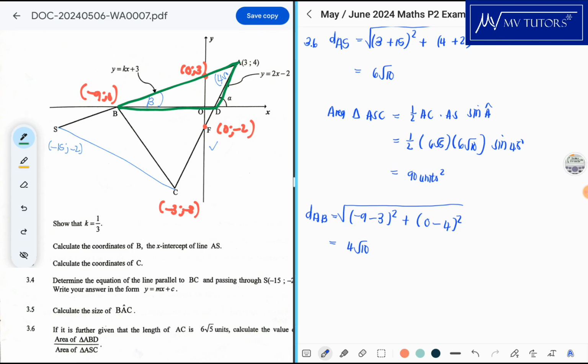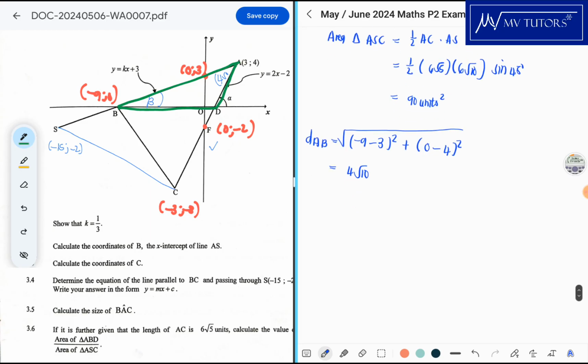Now I need the length of AD. Oh my word. I think I'm going to use the sine rule. So I want AD over, what's the opposite? Sine beta, which is equal to AB over sine X. Therefore AD will be equal to sine beta.